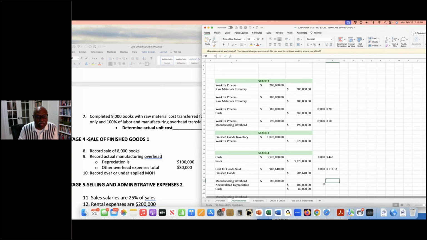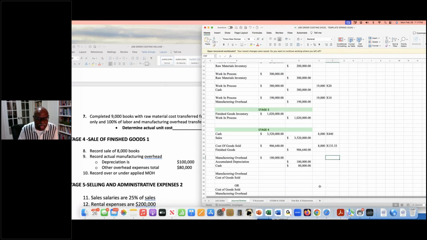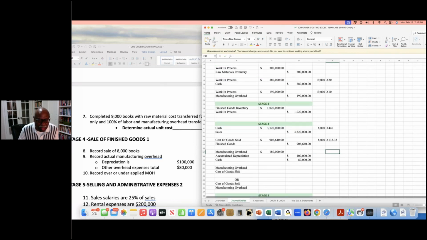Now we have to see, do we need to make an entry where we reduce cost of goods sold or increase cost of goods sold?